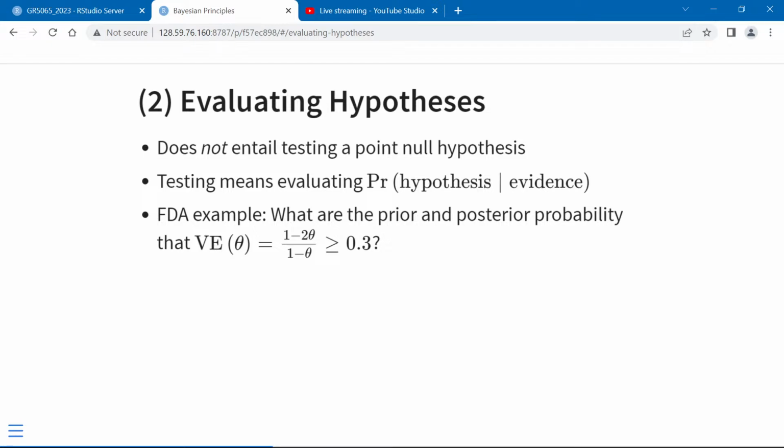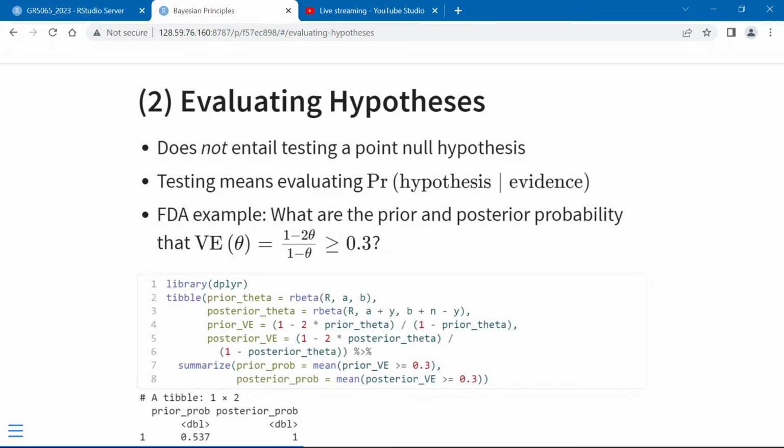What's the probability that's true given the evidence from the trial and also what we believed going into the trial? So, what's the probability of the vaccine effectiveness being above the threshold that the FDA thinks it needs to approve the vaccine for emergency use?